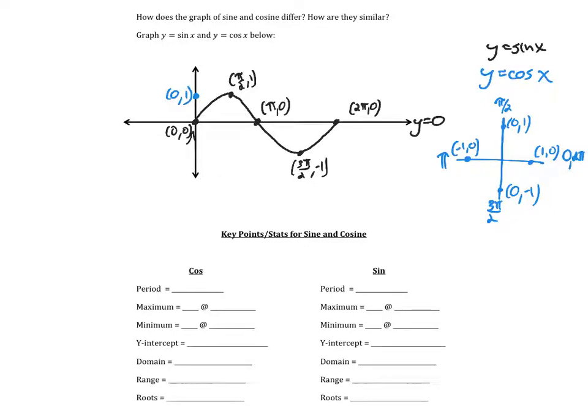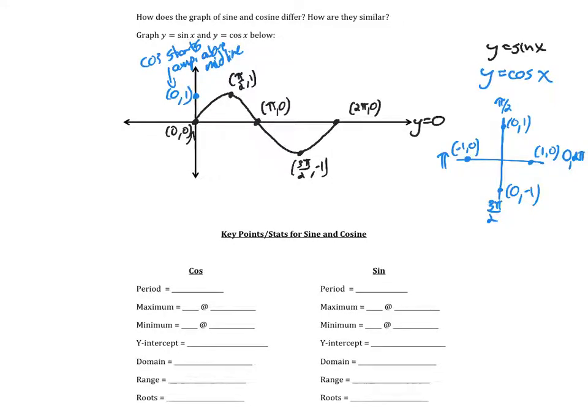Where does cosine start? Think about that in relationship to the midline. Cosine starts the amplitude above the midline. Sorry, the writing there is a little messy. Cosine starts amplitude above the midline, whereas the sine graph started on the midline.